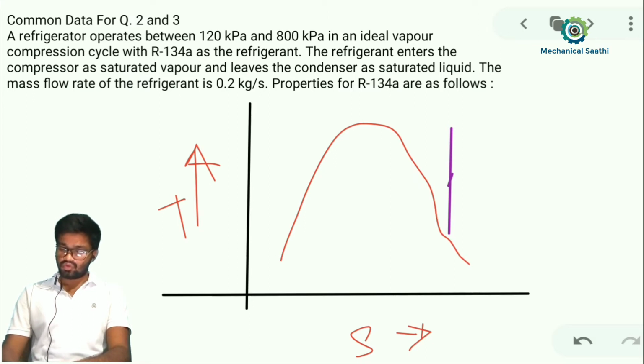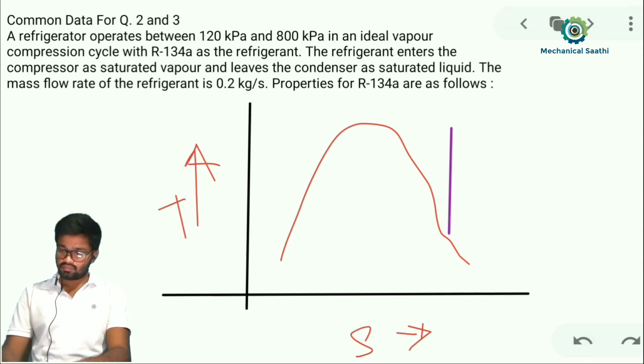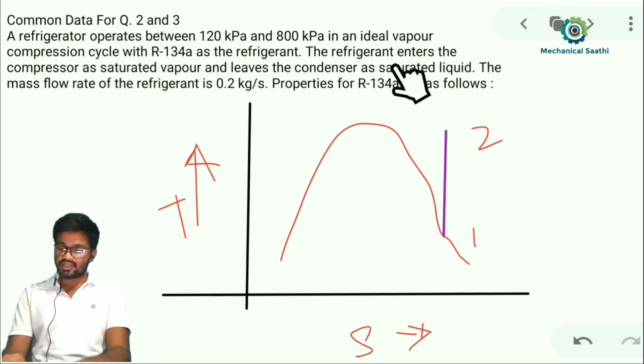The starting point of the compression line will be somewhere here. Let this be point 1, and this be point 2. Now, the refrigerant leaves the condenser as saturated liquid.